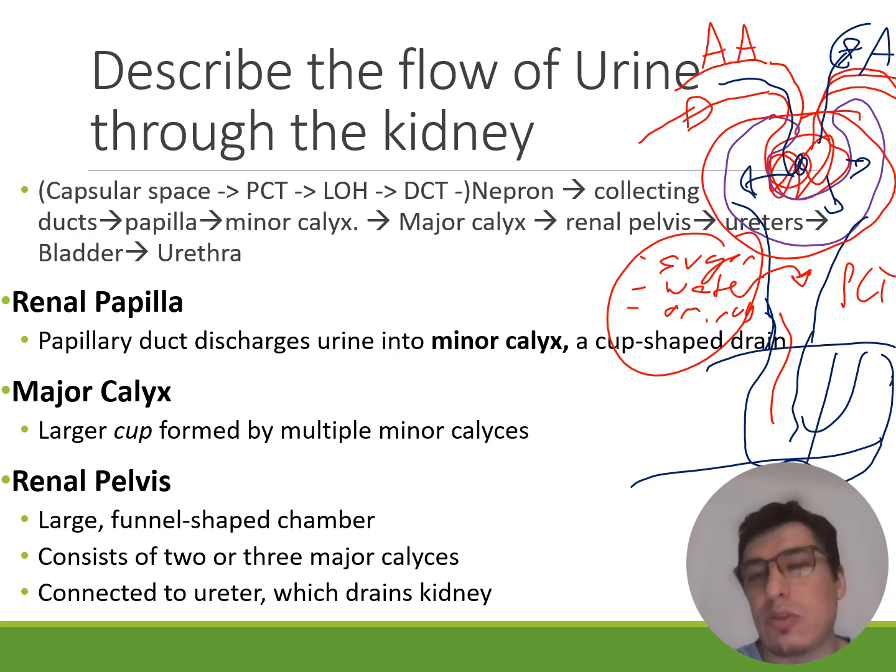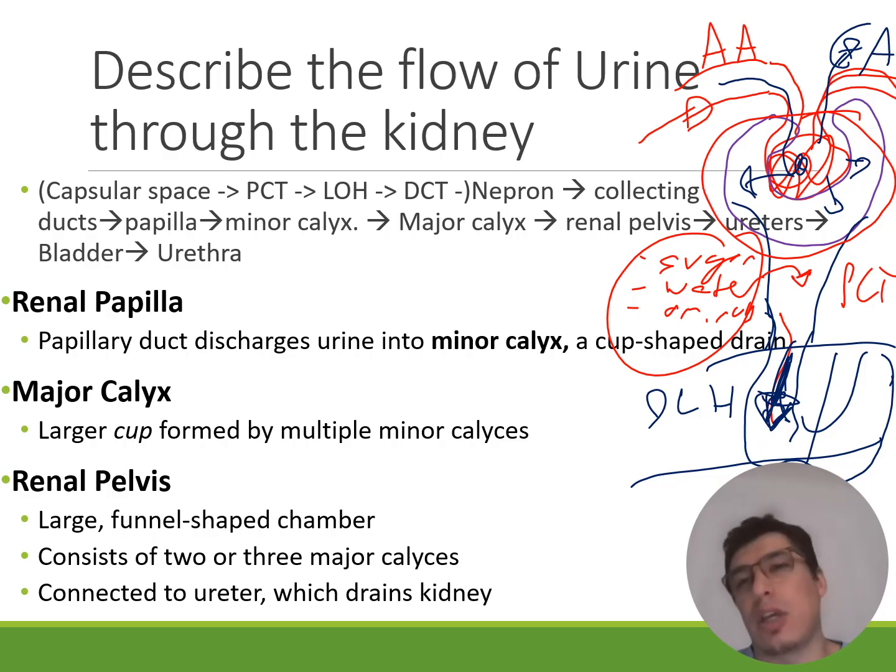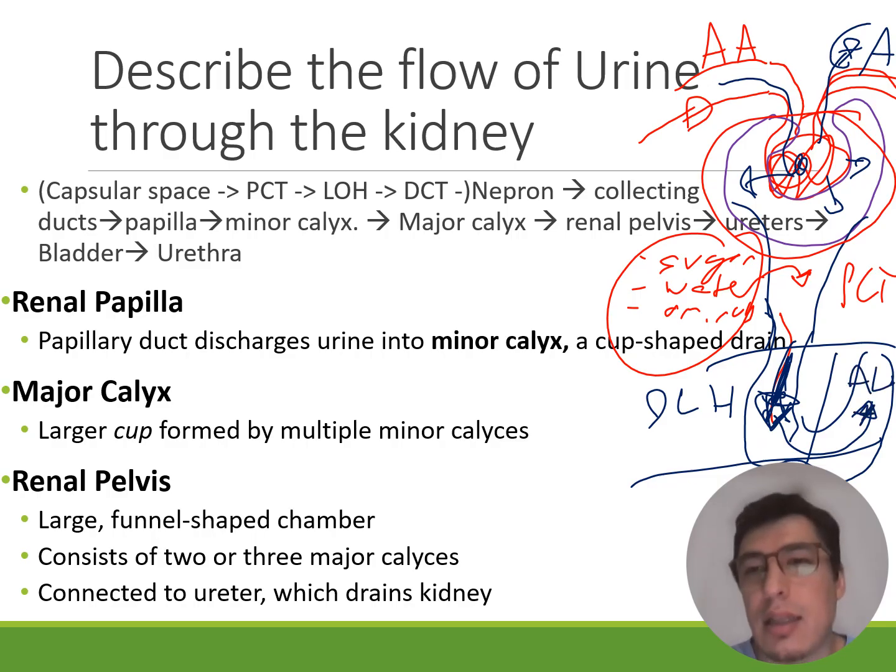We divide it into two sections: the descending limb of Henle, the one where there is a tubular filtrate going down towards the pyramid, and as it circles up, then we deem that the ascending limb of Henle, and that filtrate will just now go towards the cortex.